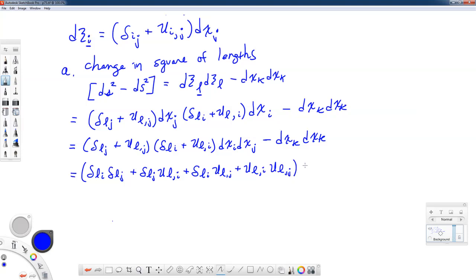We have the bracket, then we have the dxi, dxj, then minus dxk, dxk.